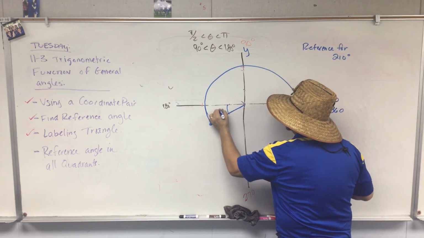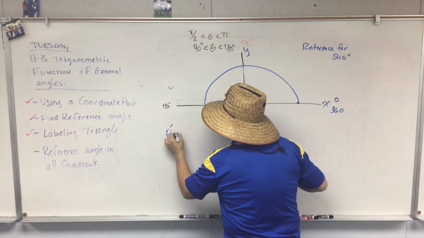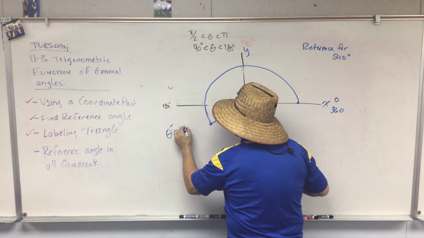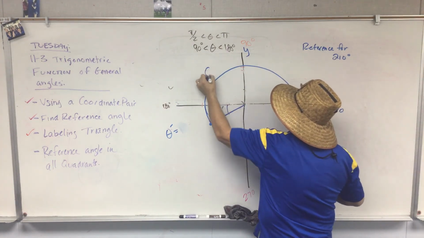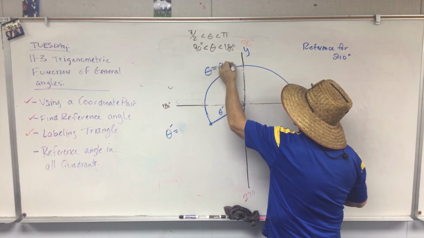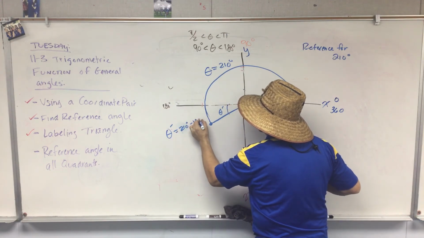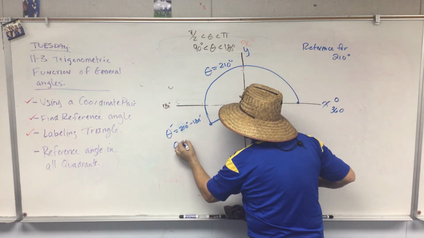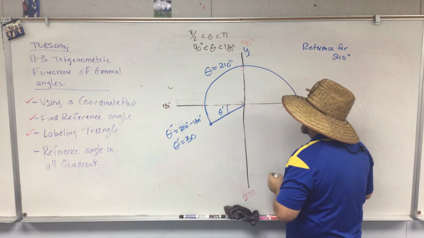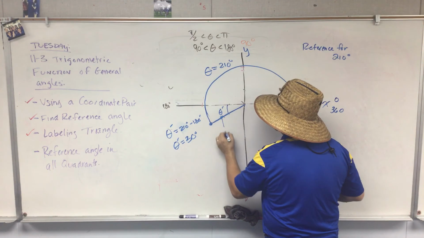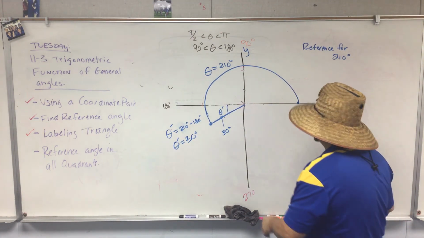My question is, what's the reference angle? The reference angle is the standard angle, which is 210 minus 180 degrees, so the reference angle is equal to 30 degrees. We're just using that formula that I showed you guys prior to this.